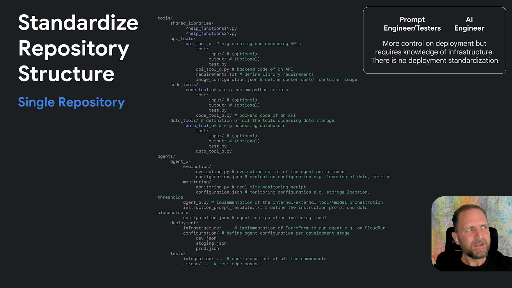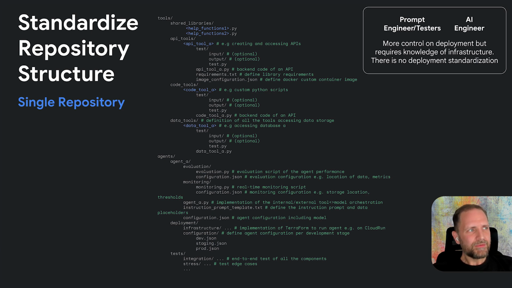This subfolder has a test folder for all the unit tests for this particular tool. It has the Python implementation, for example the location of the main function. You might have requirements.txt if you want to translate that to a container easily, or an image configuration if you want to fully automate the creation of the containers. This way, we have a module that can be translated from code into an API tool.